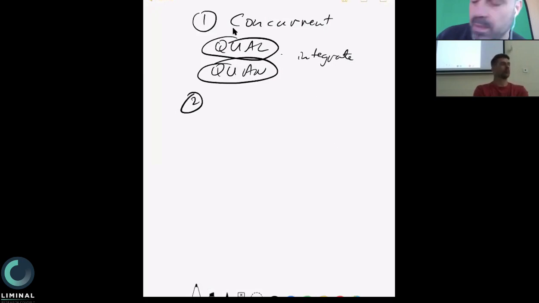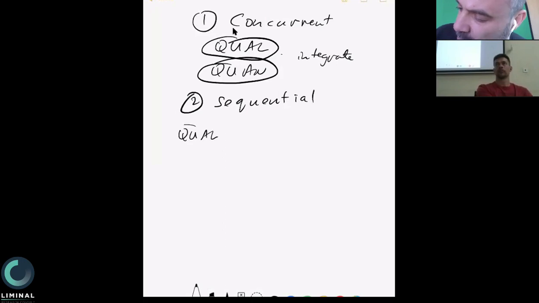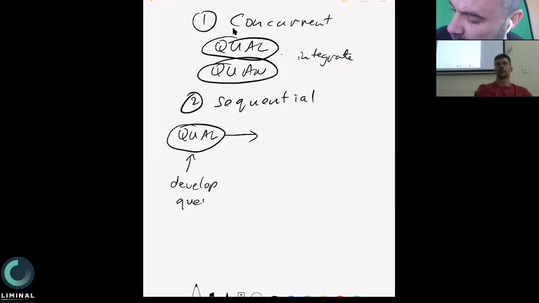Then you get the sequential approaches or ways to implement it. You first have the qual. So you explore with your interviews, and you develop your questionnaire. And then you have the quant.